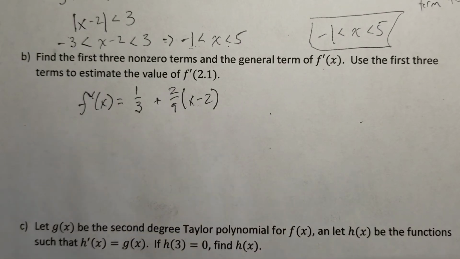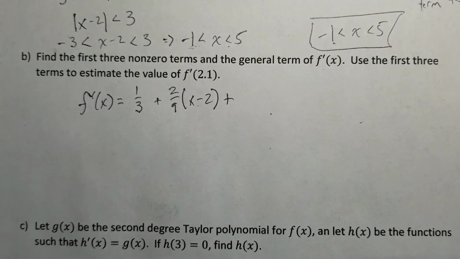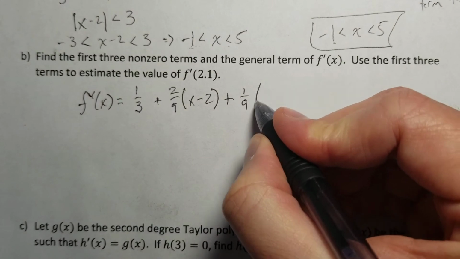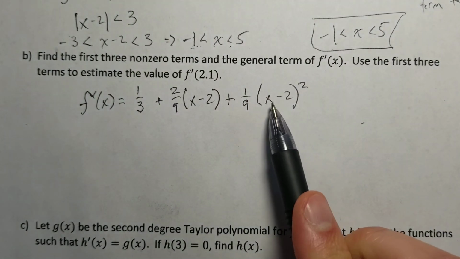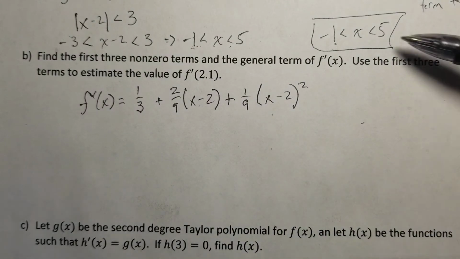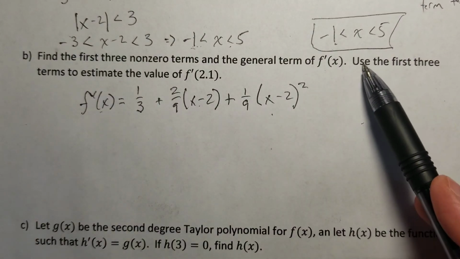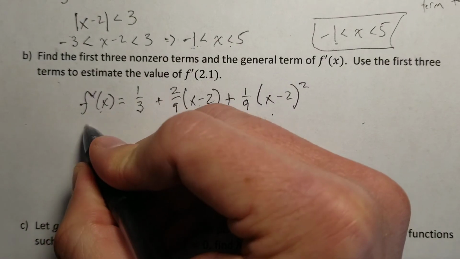There's 2 non-zero terms. I need a third, so I'll do the next one. So 3 times 1/27. I think it can be reduced to 1/9, x minus 2 to the second. And again, our chain rule piece is just 1, so I don't need to write multiplied by 1. Now, that's just f prime of x, and we want to use these first 3 terms to estimate the value of f prime of 2.1.